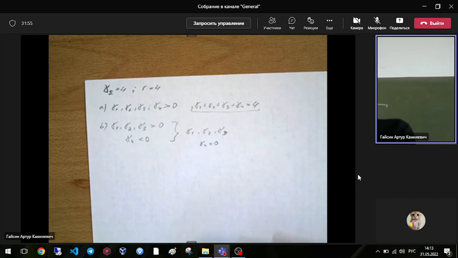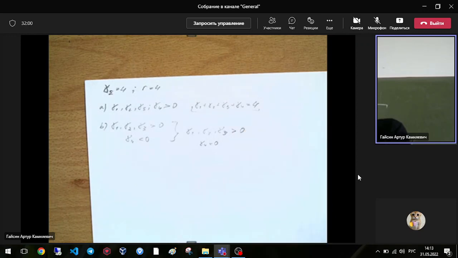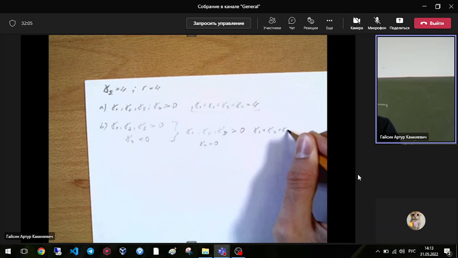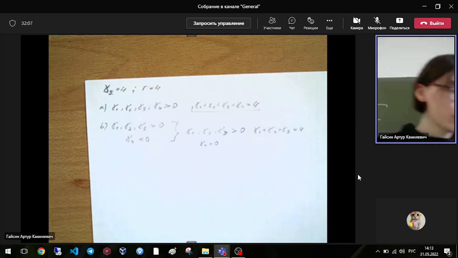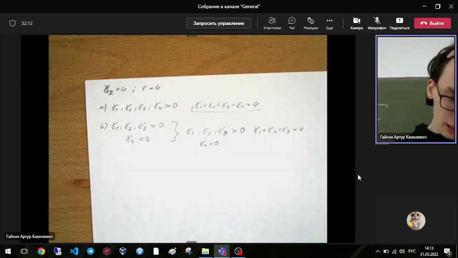And for example, if all these values are positive, the summation of these lambdas will be equal to 4. I think the summation of these lambdas should be equal to the number of transmit antennas, as I remember, because it is just how we work with this number of antennas.